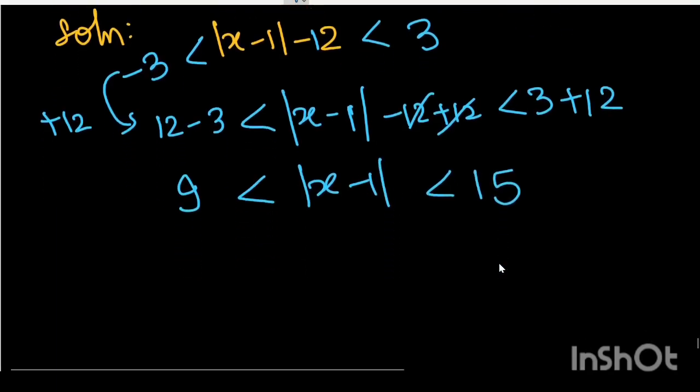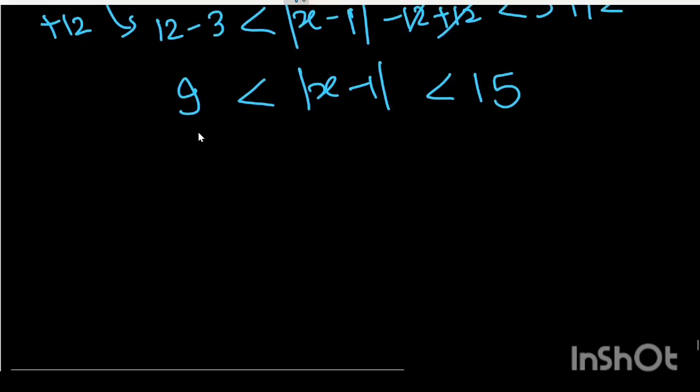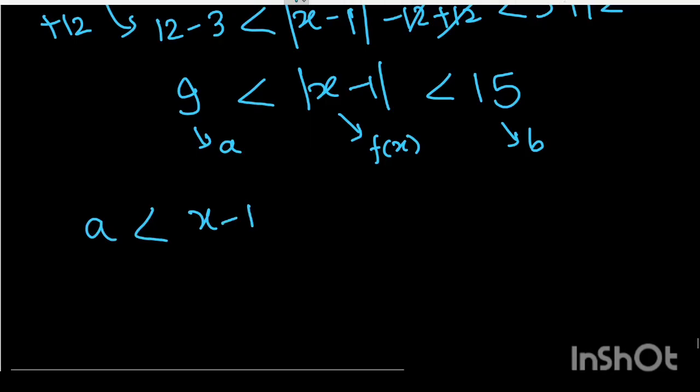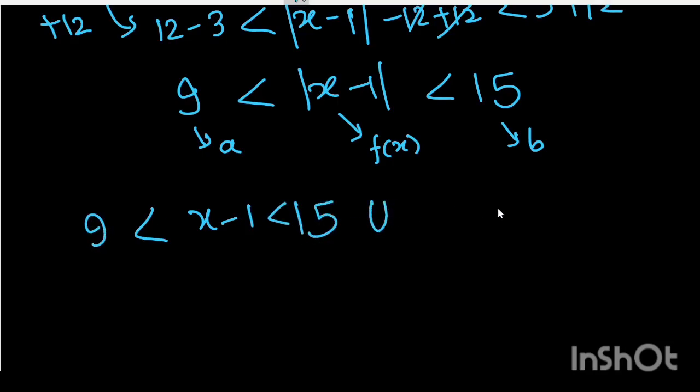So now we will use the formula, where this is a, this is b, and this is fx. So fx, meaning x minus 1, from a to b, which is 9 to 15, union x minus 1 from minus b, which is minus 15, to minus a, which is minus 9.